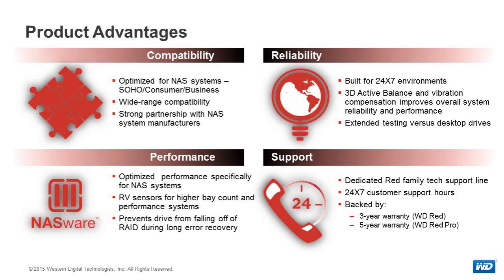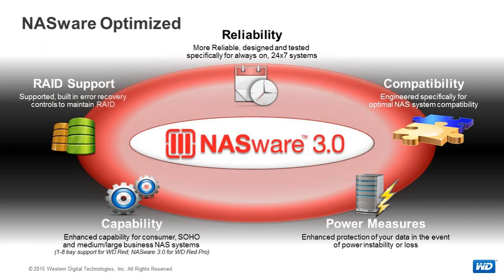On the NASware optimized, there's really 5 key attributes that we align with NASware and will continue to evolve. We rolled out NASware earlier this year, and it's really targeted at reliability, compatibility, power measures. We do have some technology on our hard drives that helps the drive stay alive if there are some power instabilities or loss.